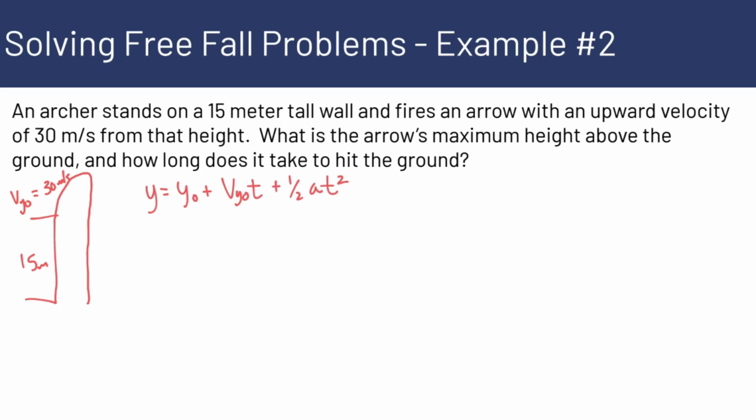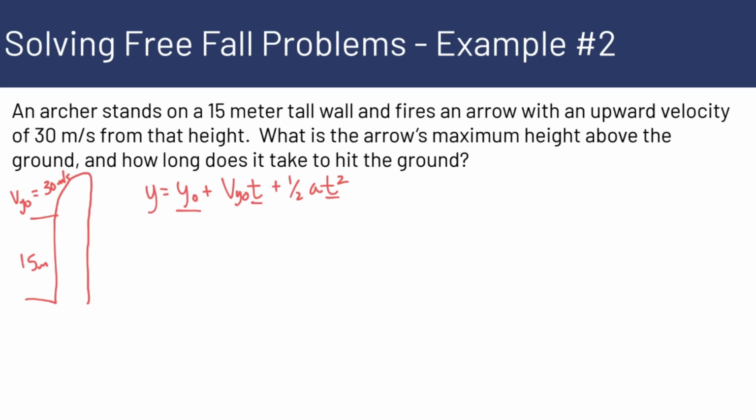And if you'll notice, this equation is in the form of a quadratic equation, where we have the quadratic term, we have a linear term, and then we have a term with no power to it, with no variable. Okay, so let's rewrite this equation with all the numbers in it so that it's correct.